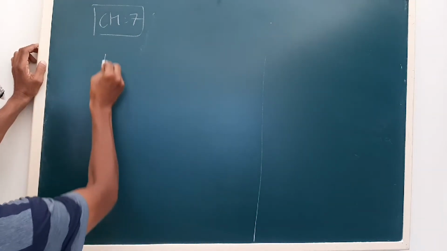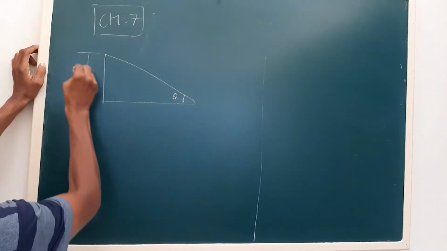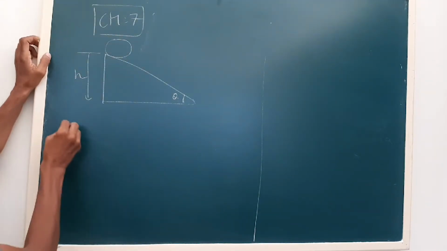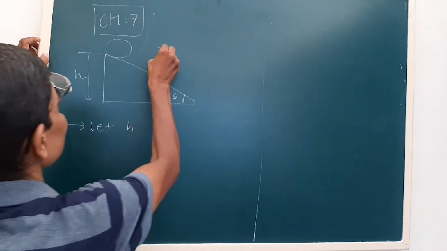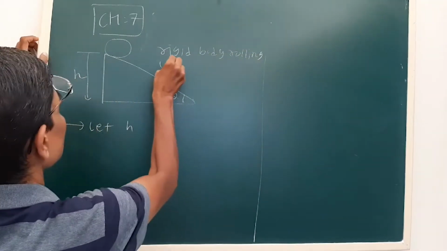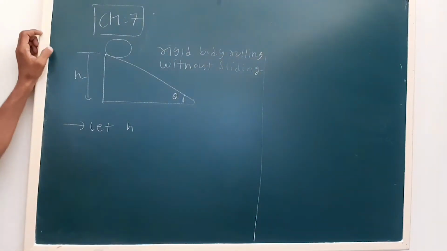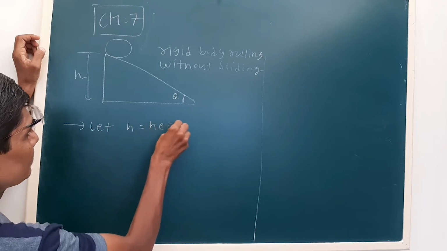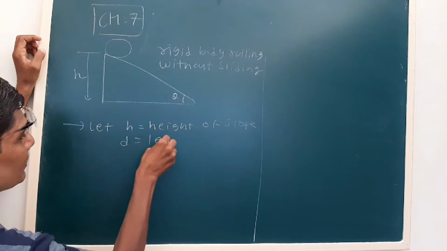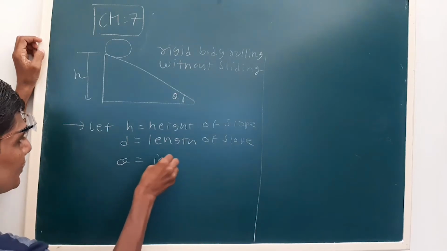Now see, for a rigid body rolling without sliding, let us say h is the height of the slope, D is the length, and theta is the inclination.